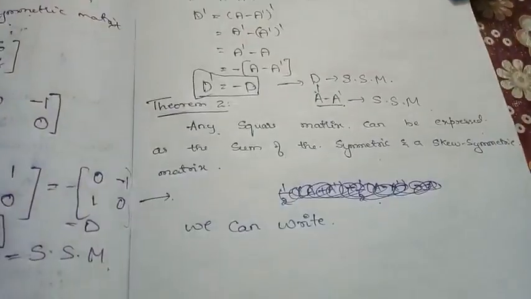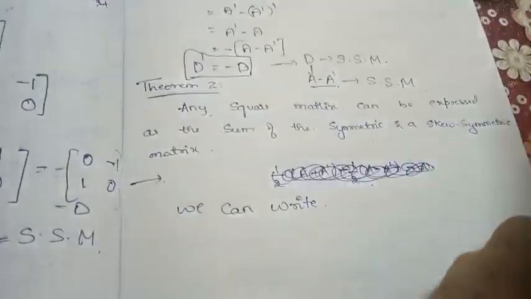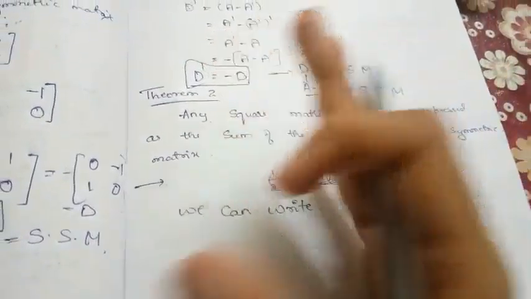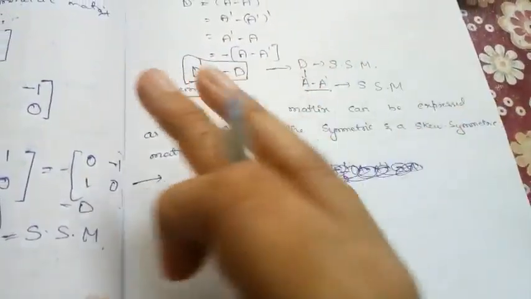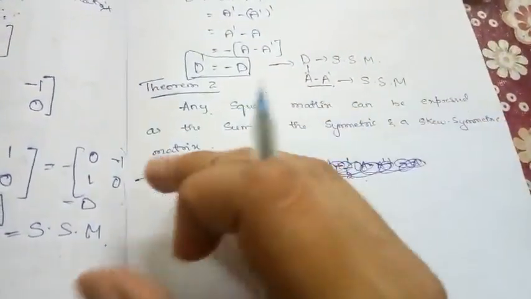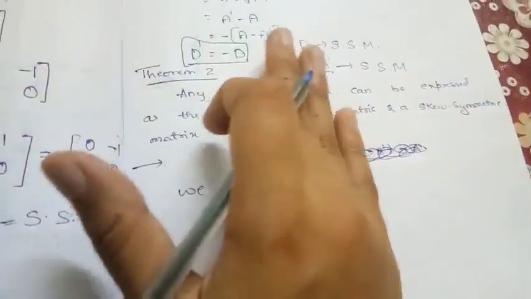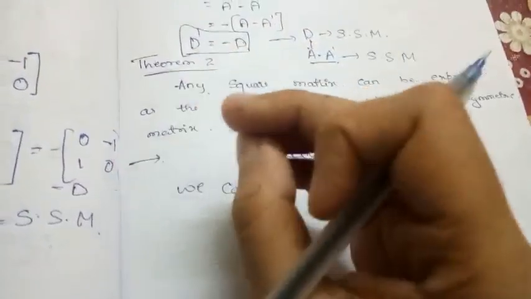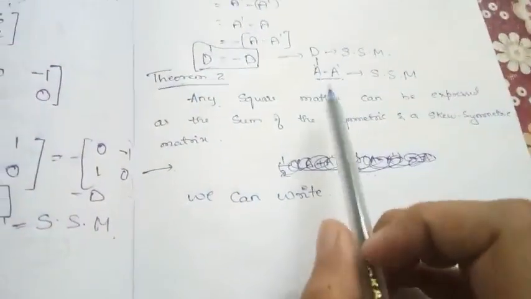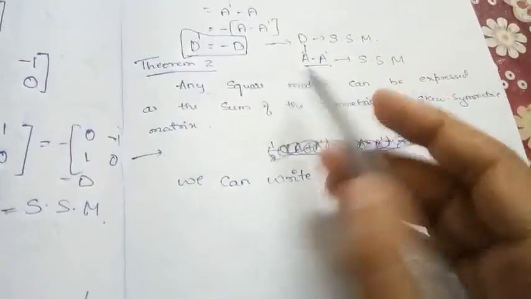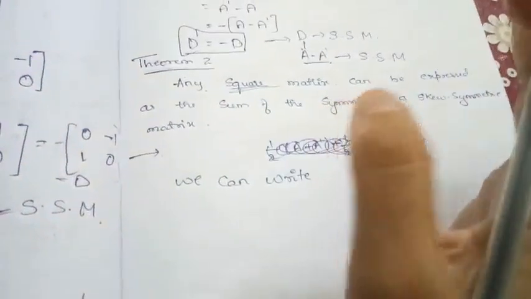That means if you take any square matrix, it need not be a diagonal matrix, any square matrix. It might be just a matrix that does not come under any particular type of matrix. You can take any such matrix, but it should be a square matrix. Remember, it should be a square matrix.